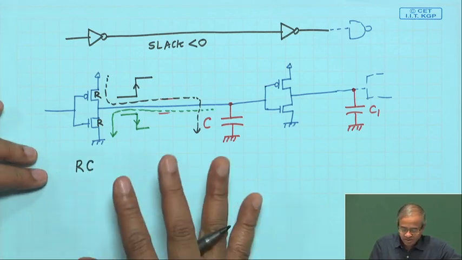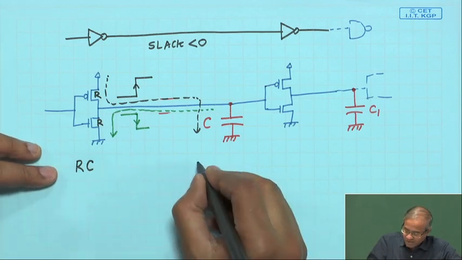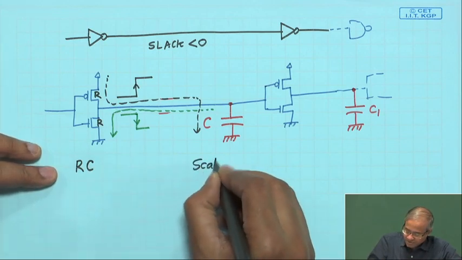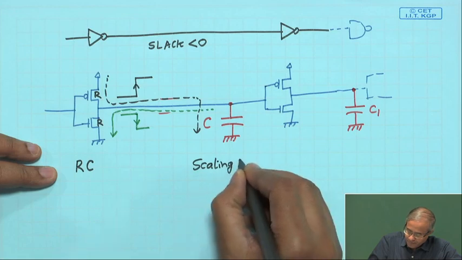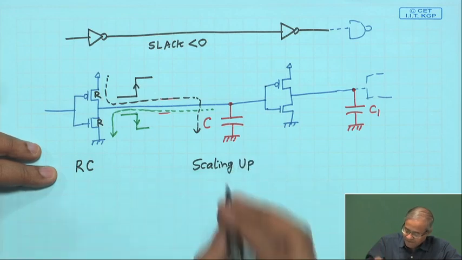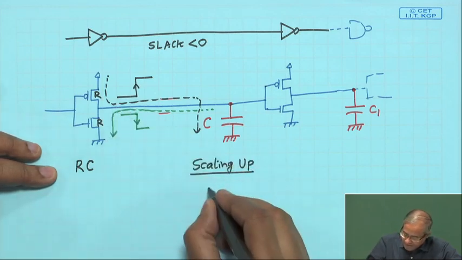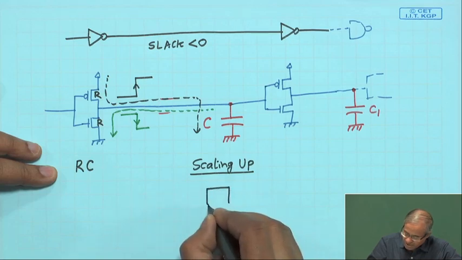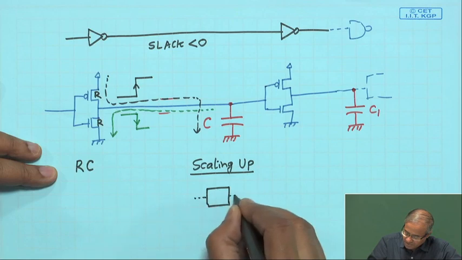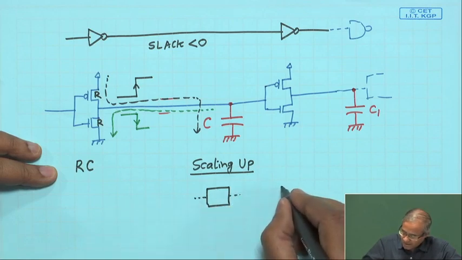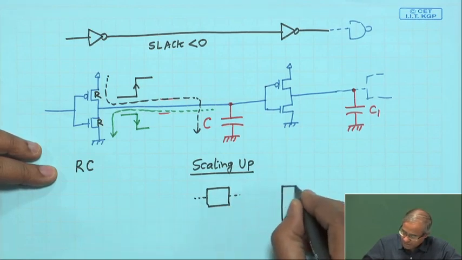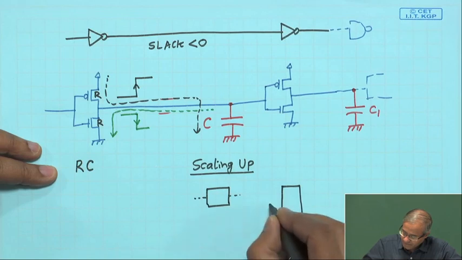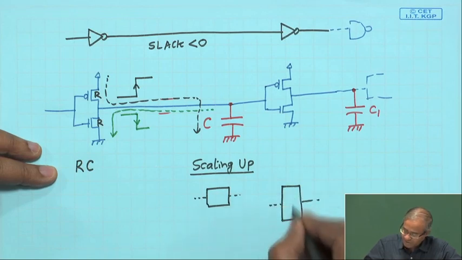Now, in this method what we say is that we are scaling up a transistor. Scaling up means, let us say earlier my channel, or the gate which was above the channel, was like this, this is one terminal, this is one terminal. Now, what if I make it wider, say by 2 times?